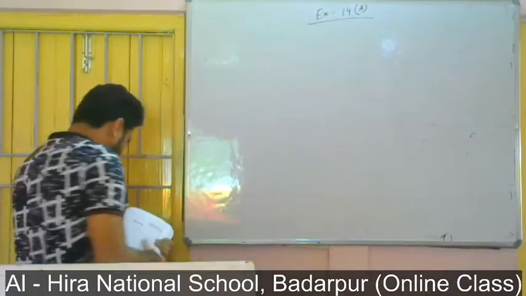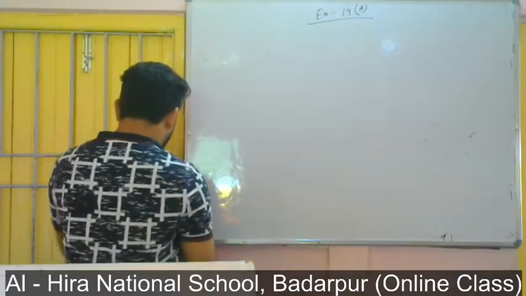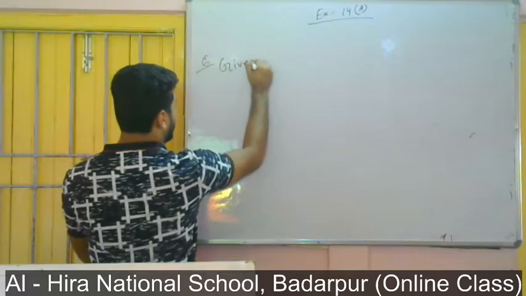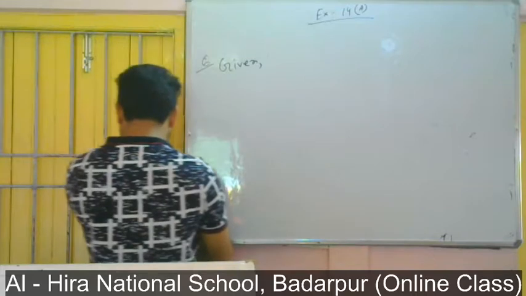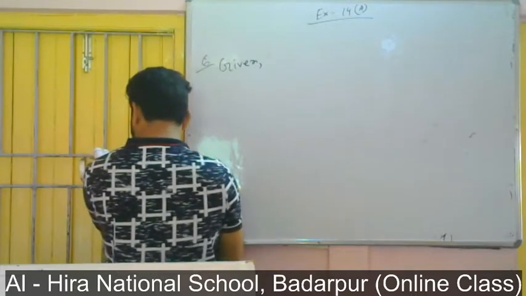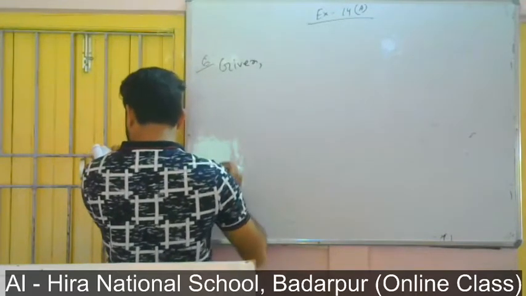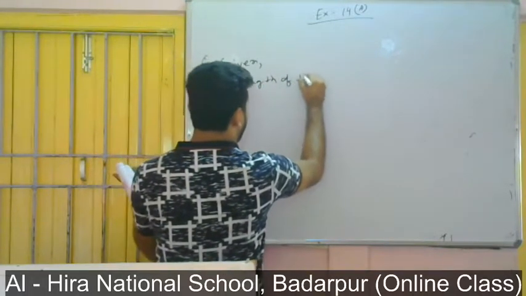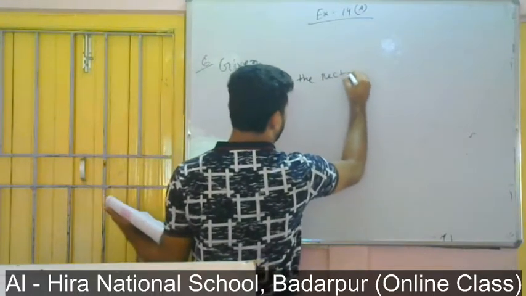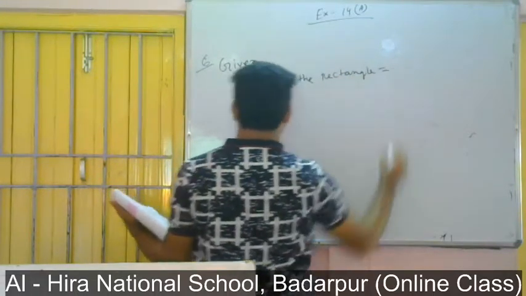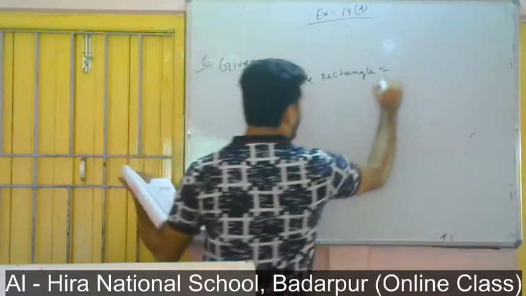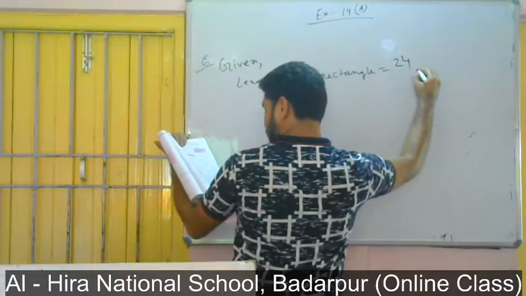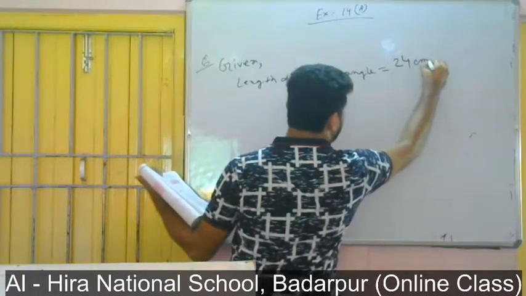So come to question number 6. It is given that, so write question number 6, given length of the rectangle, length of the rectangle equals to 24 centimeter.